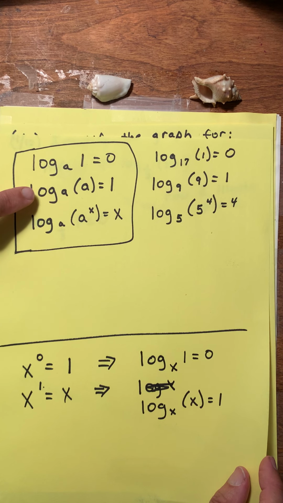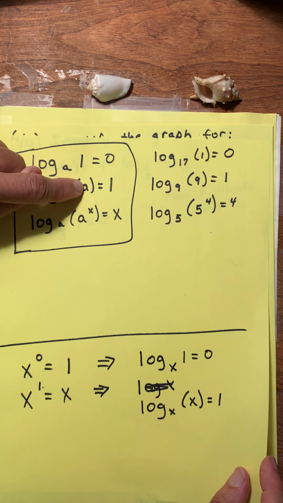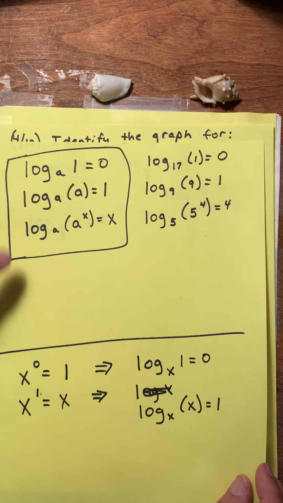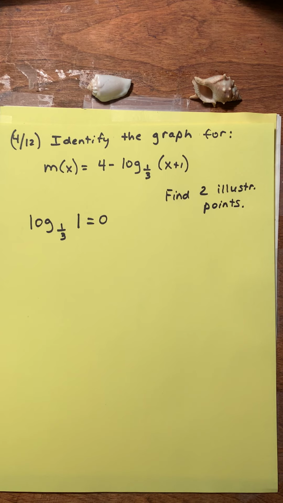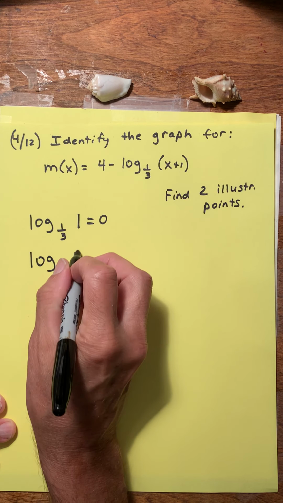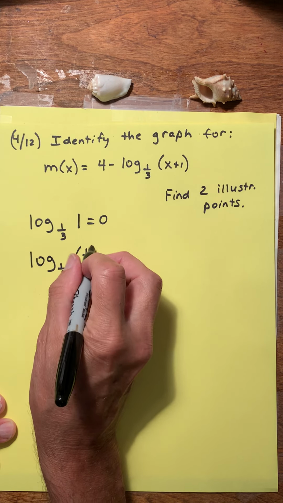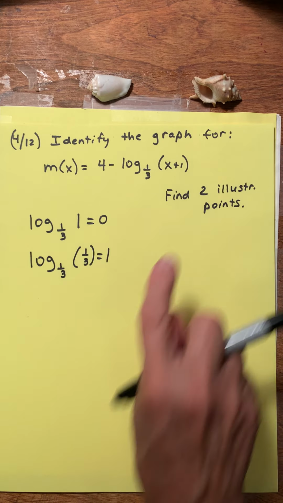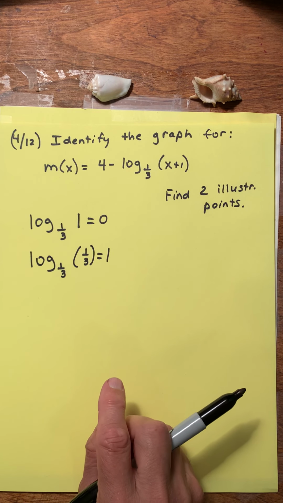Here's the second thing I know. Log base 1/3 of 1/3, log base anything of itself, is going to be 1. Log base 1/3 of 1/3 is going to give me 1. I'm going to use these same 2 concepts to find my 2 illustrative points.